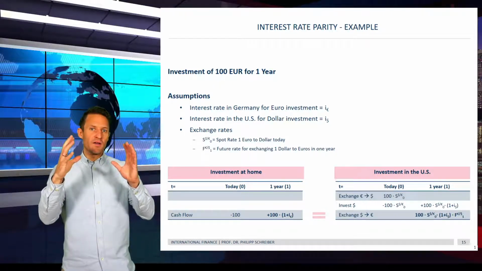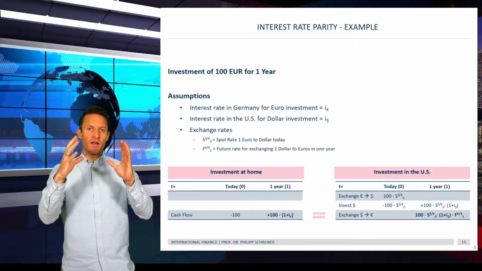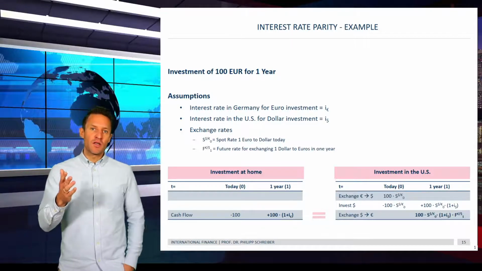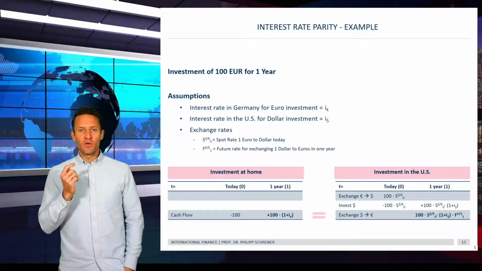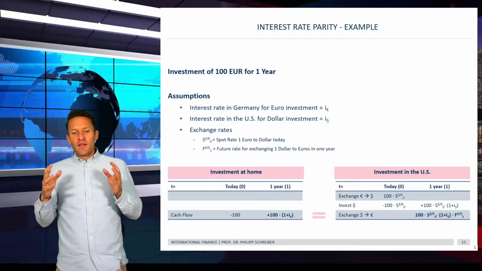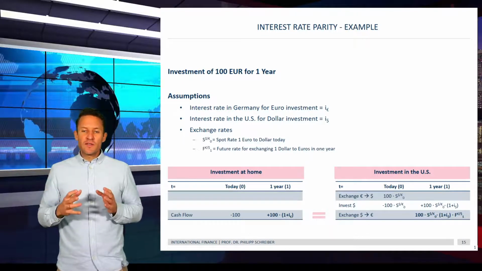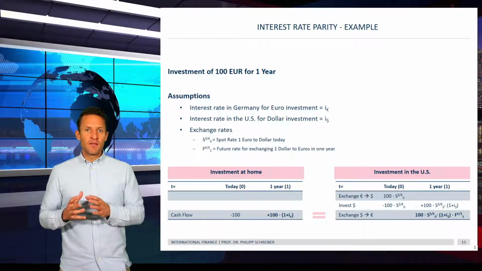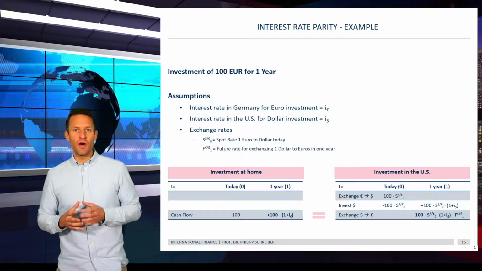It grew by 1 plus interest rate dollar. And now we multiply it by the forward euro dollar rate we agreed on when we started this transaction.